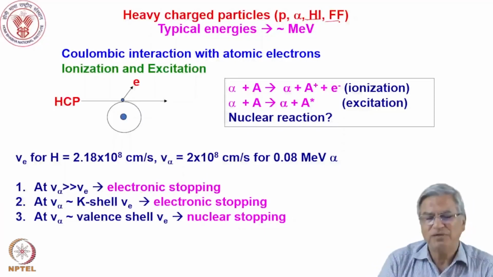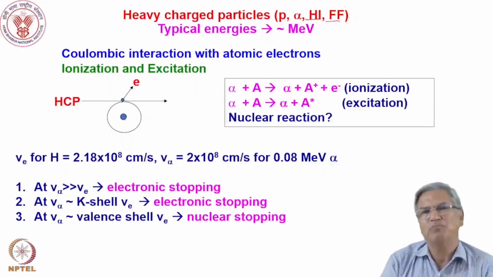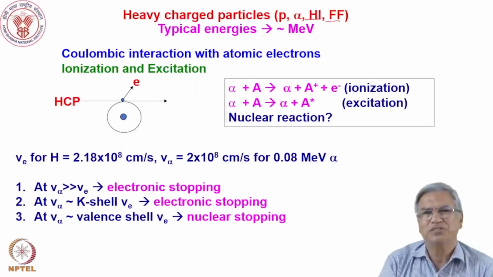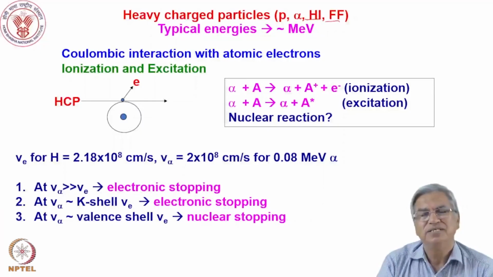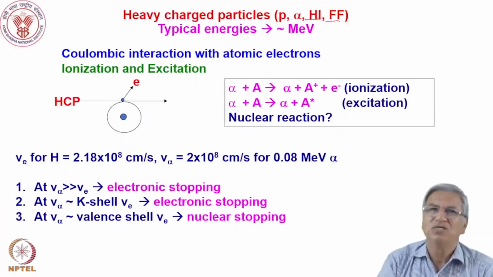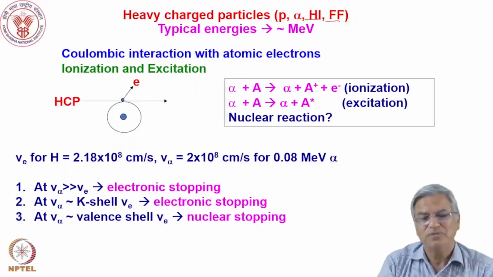For example, if californium-252 fissions, you will have fission fragments of masses 100 to 150, and their charges could be 20+. So heavily charged ions' interactions are also included when we discuss. But for the sake of simplicity, I will be taking the example of protons and alpha. The same relations hold for heavy ions and fission fragments.